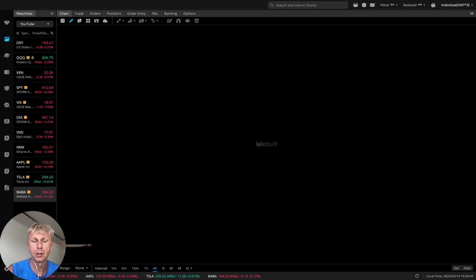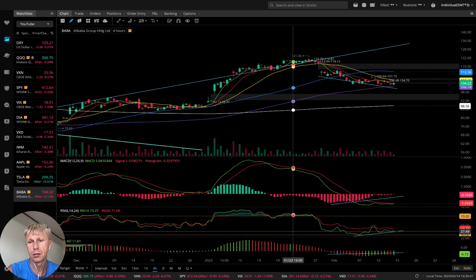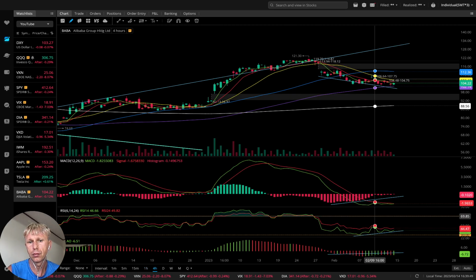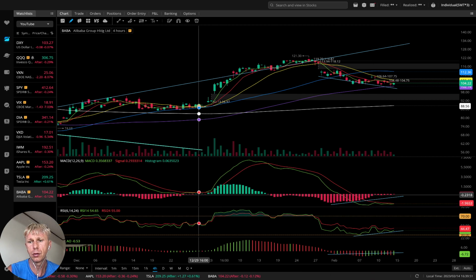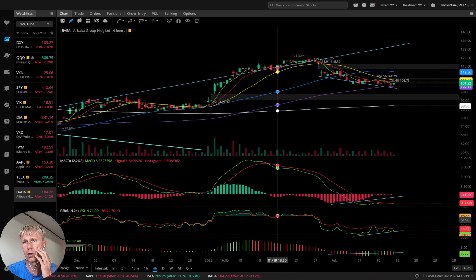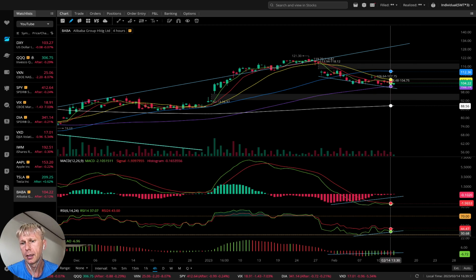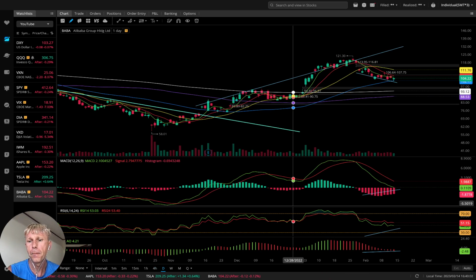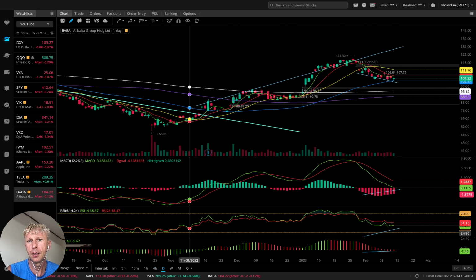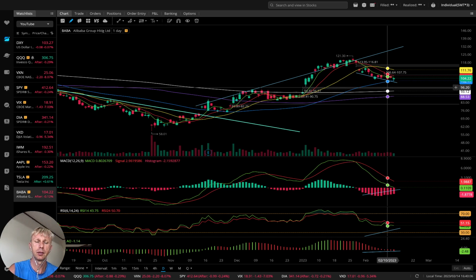On 4 hours, no divergences. Actually, yeah, on 4 hours it also has divergences recently. And daily, no divergences, still bearish.